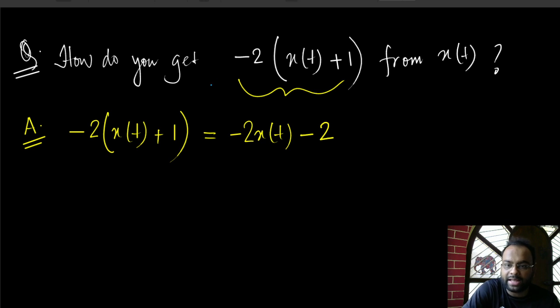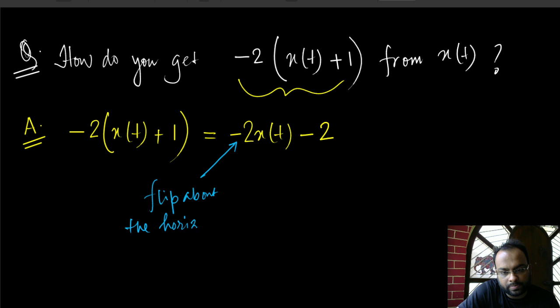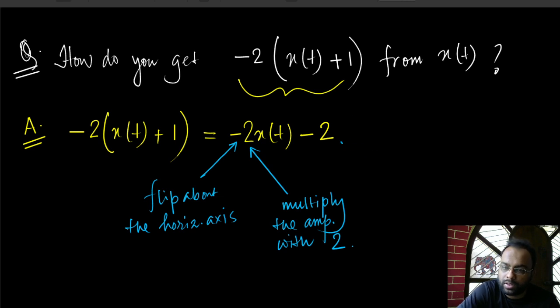Which now has 3 parts. You first take care of the minus sign, so flip about the horizontal axis. Then we have this value 2, which is scale, which is multiply the amplitude with 2. And then we have a minus 2 here.